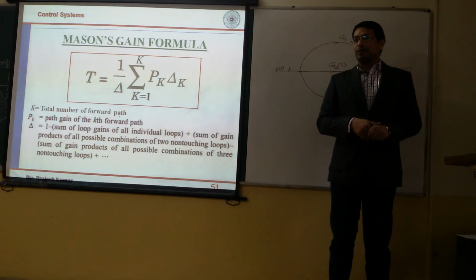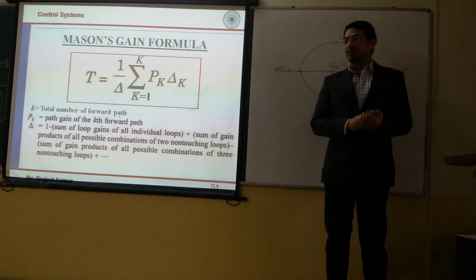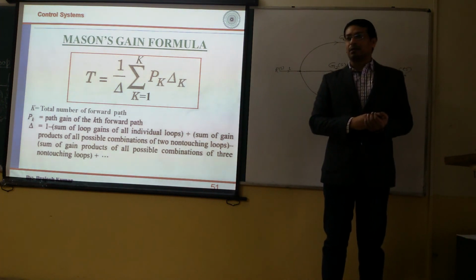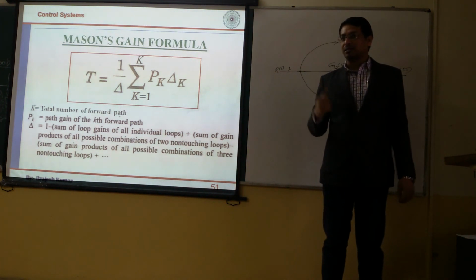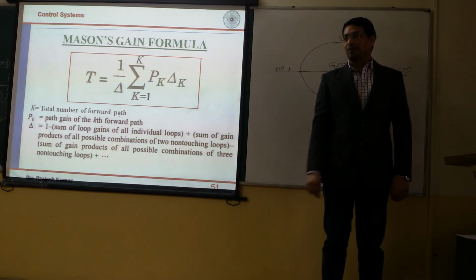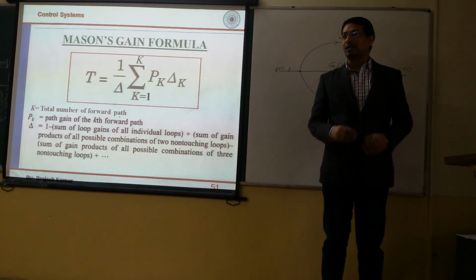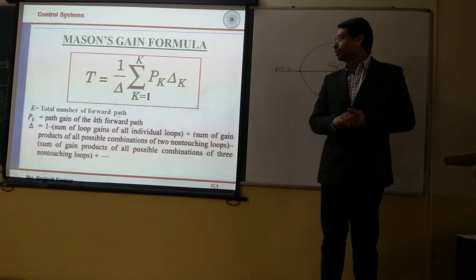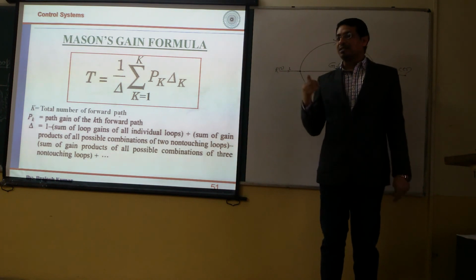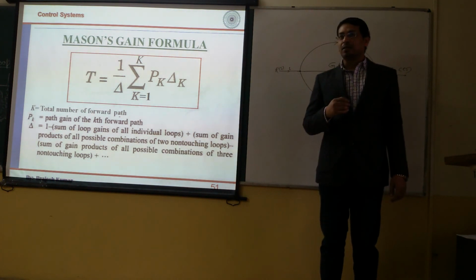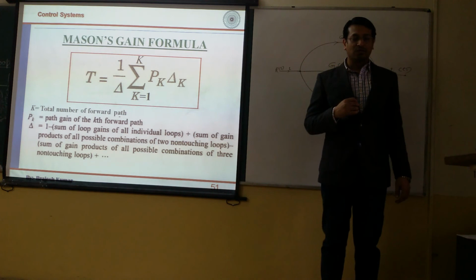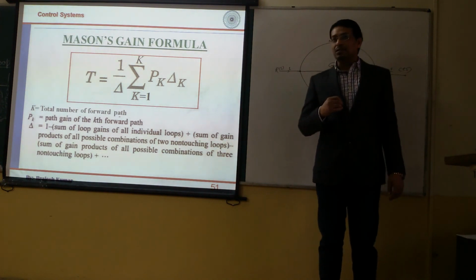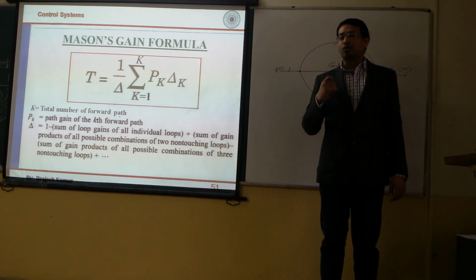Now, there is a very famous formula. These signal flow graphs were invented by Mr. Mason, perhaps with inspiration from the block diagram formulation also. He has given a general formula known as Mason's gain formula. This formula is used to find the total transfer function for a given signal flow graph.